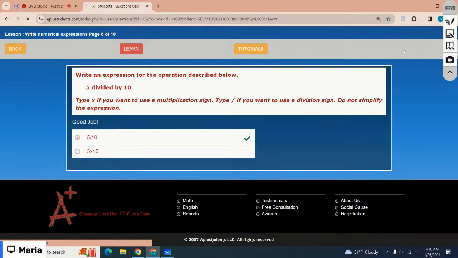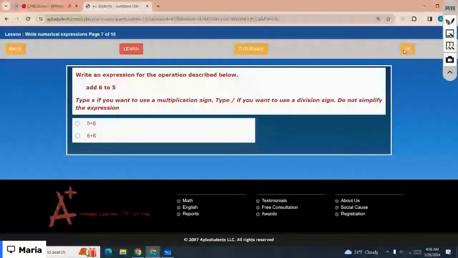Write an expression for the operation described below. Add 6 to 5. Yes, that is option number 1. Add 5 plus 6. The next one is write an expression for the operation described by 10. Which is the correct option?